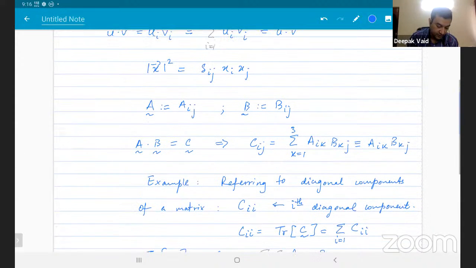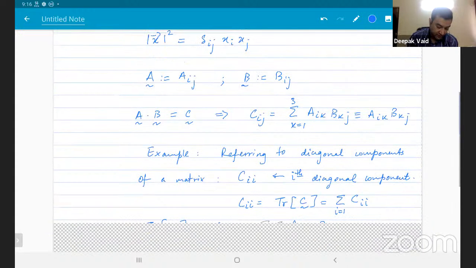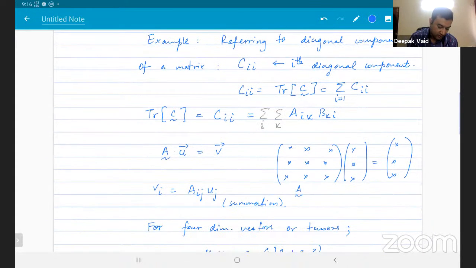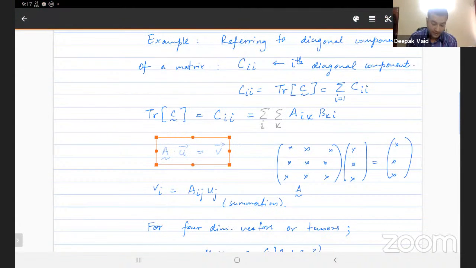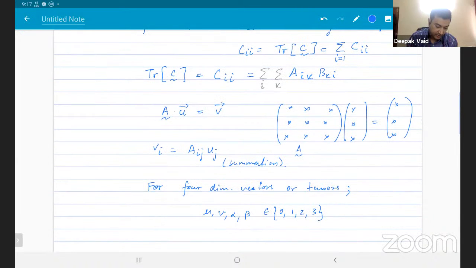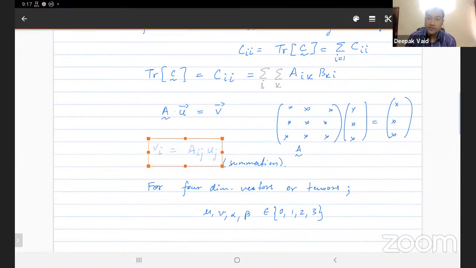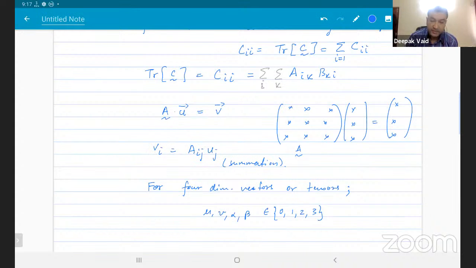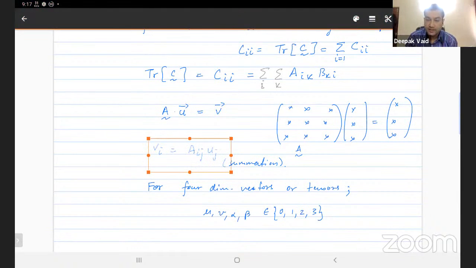So you can take expressions such as matrix multiplication, or dot products of vectors, or traces of matrices, or multiplying matrices by vectors. All of these can be written in this way without specifying any explicit sums. So you don't need to put any sigma sum over anything, because it's understood that since the index j is repeated twice in this expression, that means we have to sum over j.